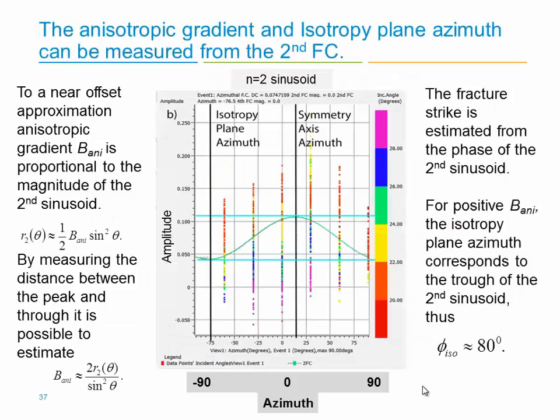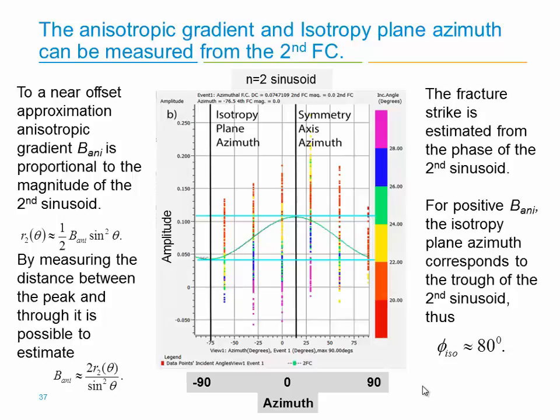Now, the one that most people will focus on is the sinusoidal second order periodicity. And here again, we're looking at the amplitude versus azimuth. The data is color coded. We're looking at data from 20 to 30 degrees here, the reds being smaller angles, the purples being larger angles. And when we plot the average periodicity, we get a curve that looks like this over 180 degrees.